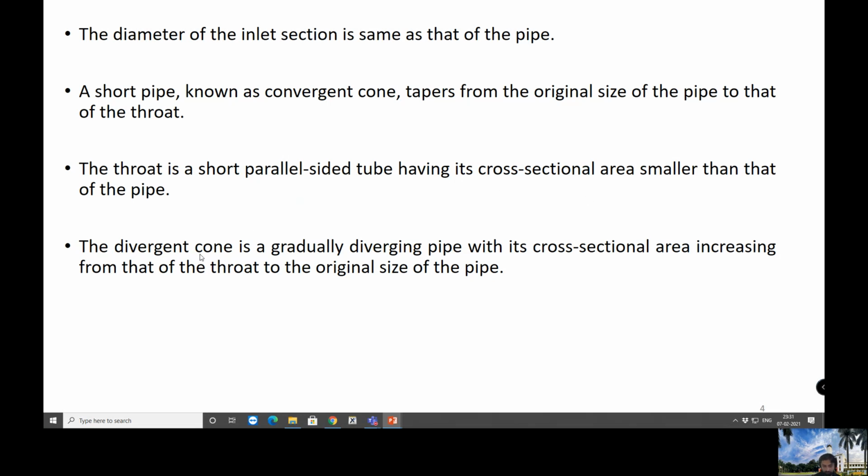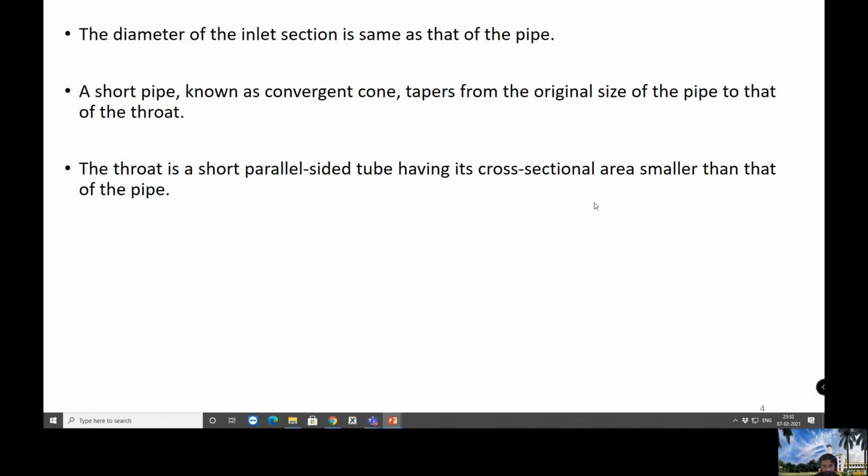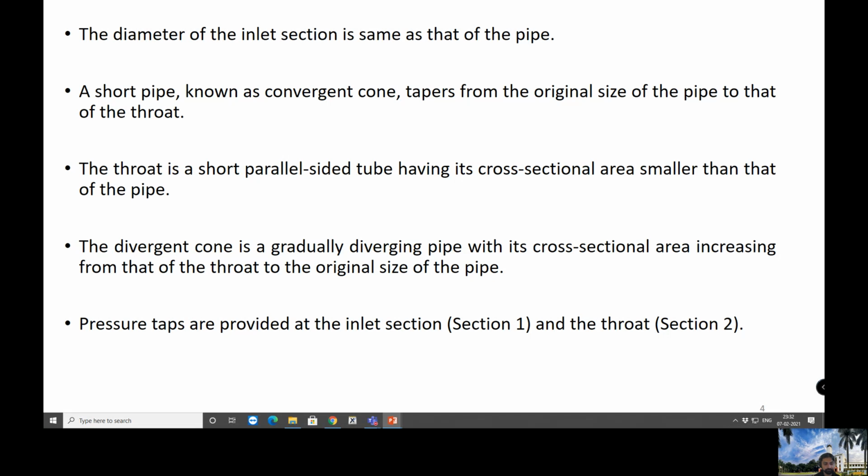Now the divergent cone that we were talking about, this is the divergent cone. The divergent cone is a gradually diverging pipe with its cross-sectional area increasing from that of the throat to the original size of the pipe.